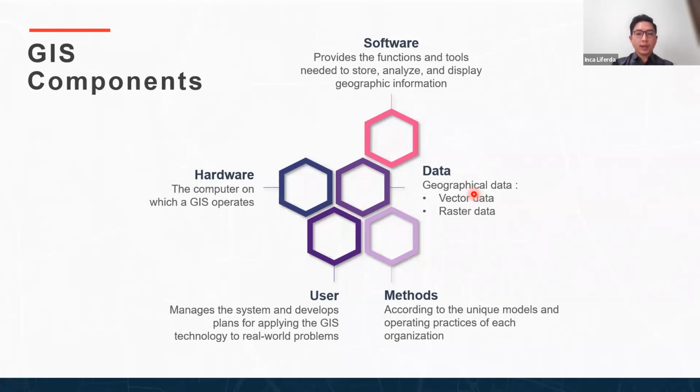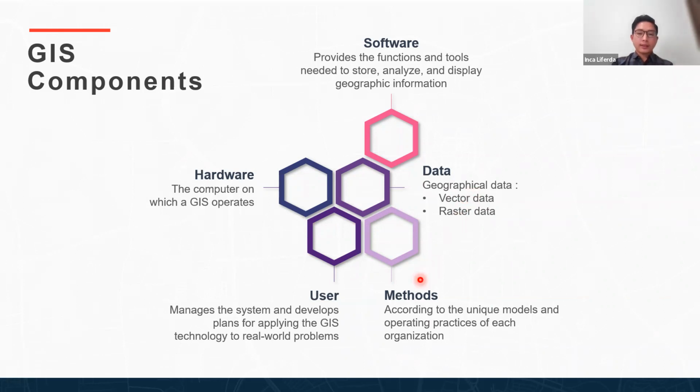There are two types of geographical data. The first one is vector data, and the second one is raster data. I will explain the vector data and raster data later.